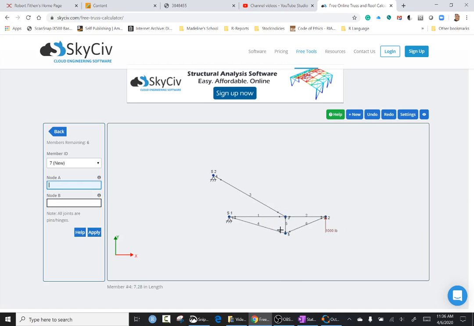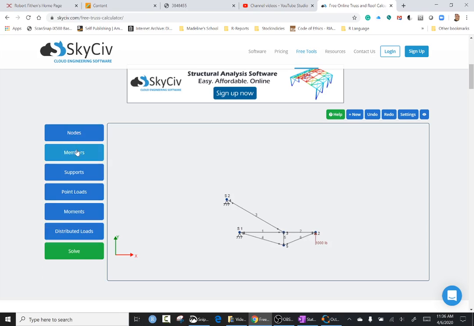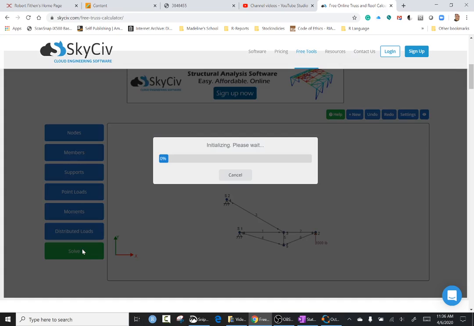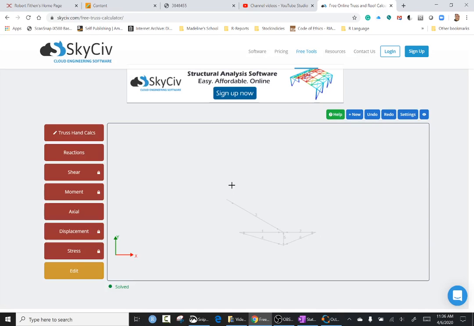So even though this doesn't exist in the structure, whoa, something's happening here. It doesn't matter, because now I can solve it. Why? Give me a second.